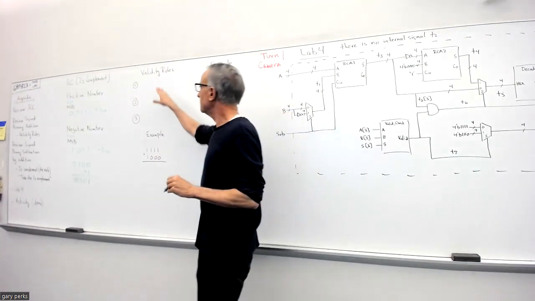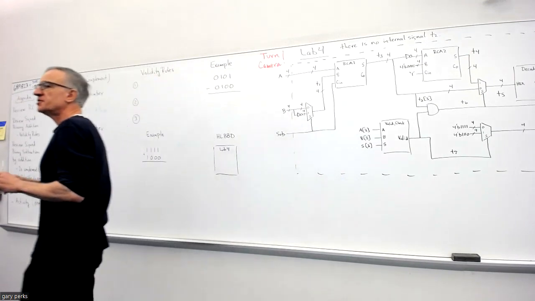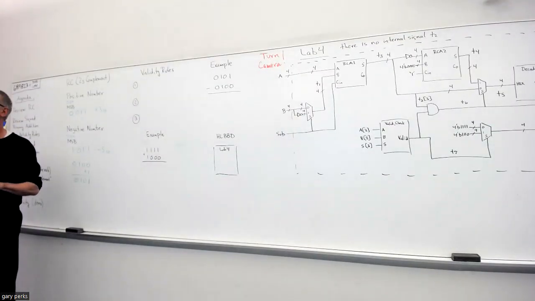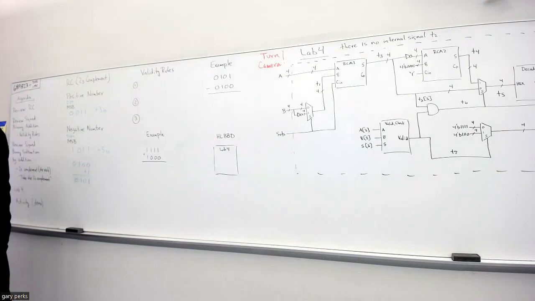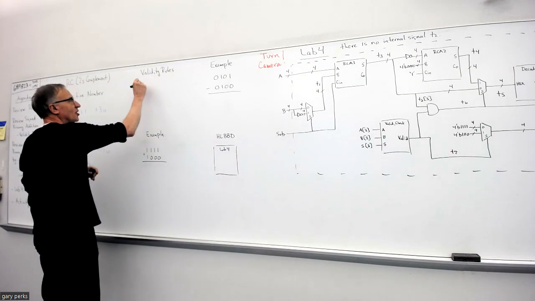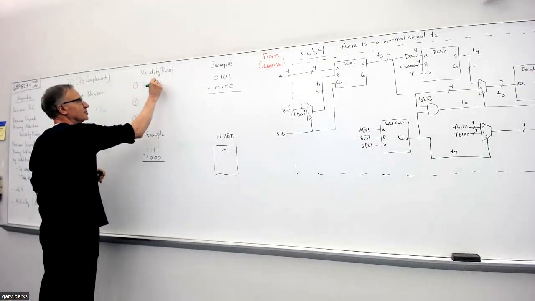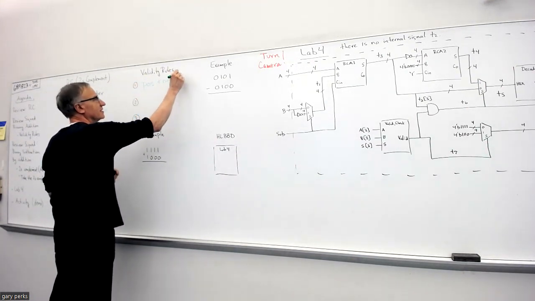And remember, I had 3 validity rules up on the board last time. Can someone give me one of them? Right, exactly. So positive plus a negative is always valid.